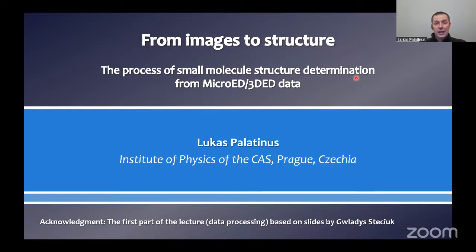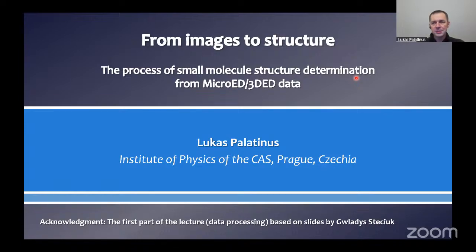Okay, so my task is to give you a little overview of the whole procedure that's required to get from the experiment to the structure on the screen. Of course, that's a vast topic, so it will be a quick overview of the basic steps, and I will try to focus on the specifics of the 3D ED workflow.